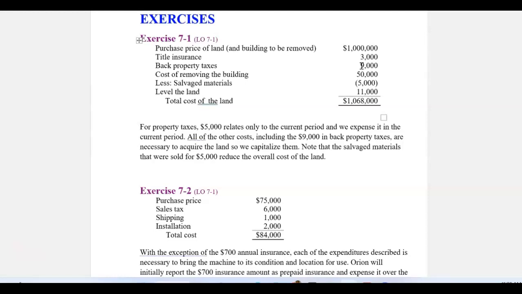It was the previous owner's to pay. Now, if the new buyer is paying for that, that is part of the purchase price. Cost of removing the building, $50,000 to remove the building and have the land ready for intended use. That's part of the cost of land.